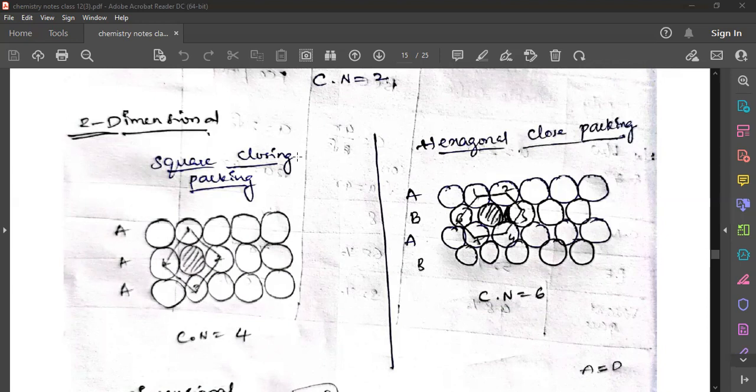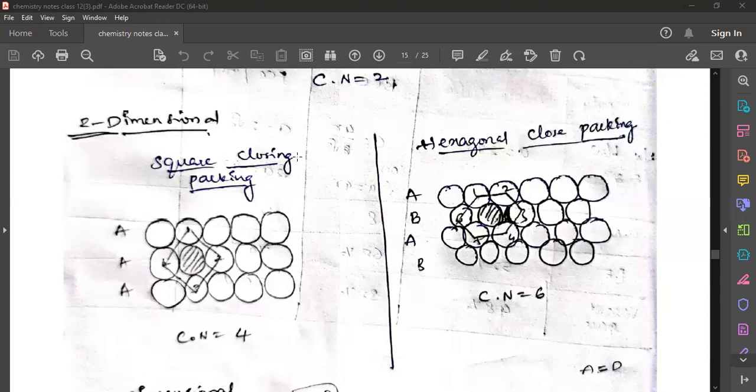What is the coordination number in the square close packing? Vishwanath and Shruti. 4, sir. 4 in square close packing. Coordination number will be 4.